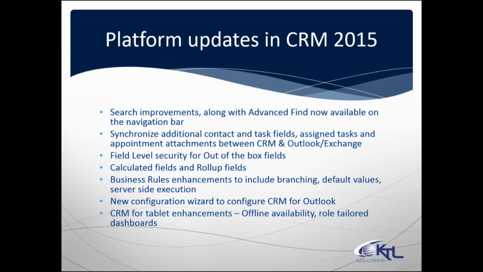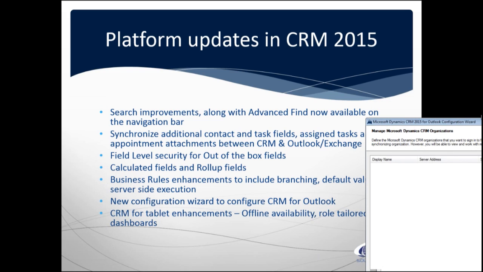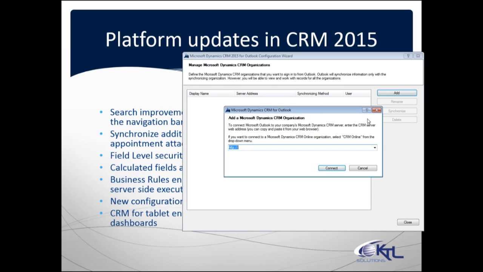Additionally, among the improvements in the Outlook client for CRM, you can now sync additional contacts and task fields, and the configuration wizard for configuring the CRM connection to Outlook was also simplified. I don't have a complete show and tell for the Outlook piece, but when you're now adding an organization within Outlook to connect to your CRM, it's a different, simplified process.